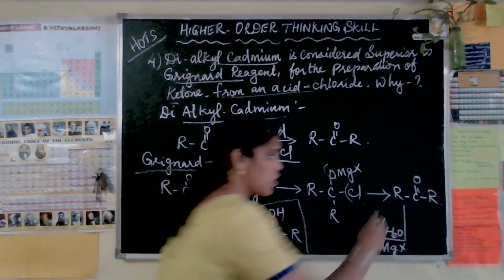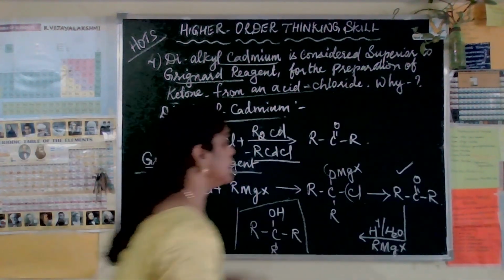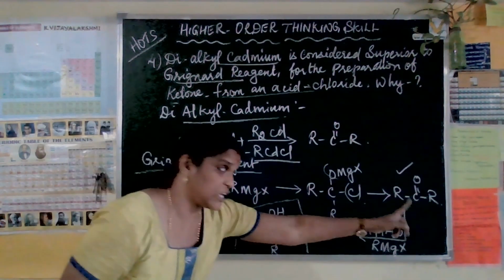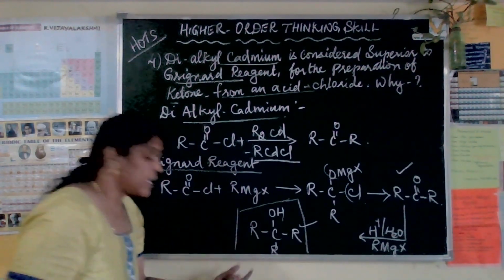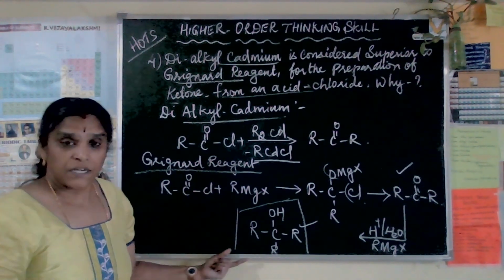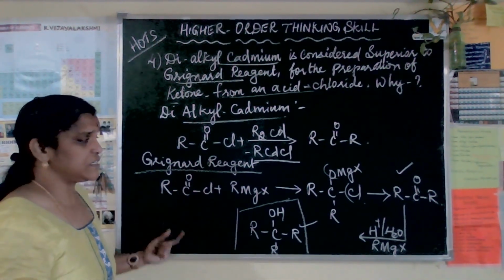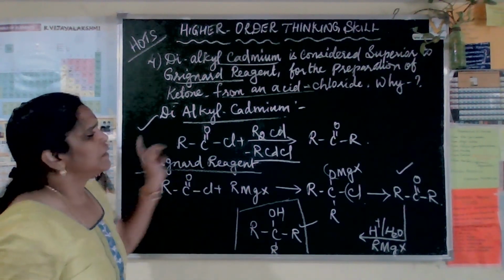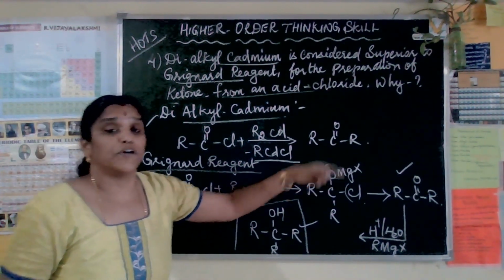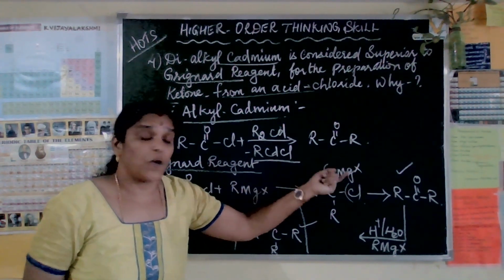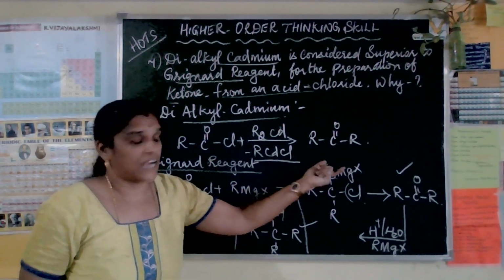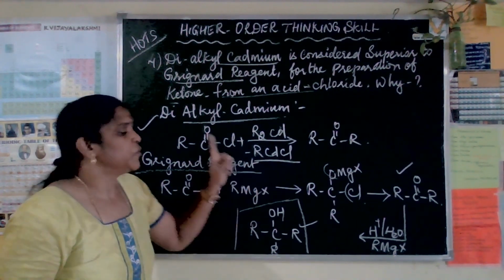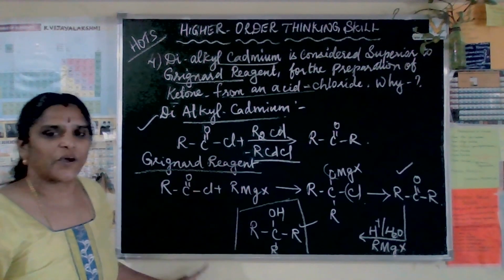Here ketone also you will get, and the ketone further reacts, again giving tertiary alcohol formation. But here dialkyl cadmium directly gives ketone, further it cannot react. Why? Because it is less reactive, and cadmium is less electropositive. That is the reason. Hope you're clear with this.